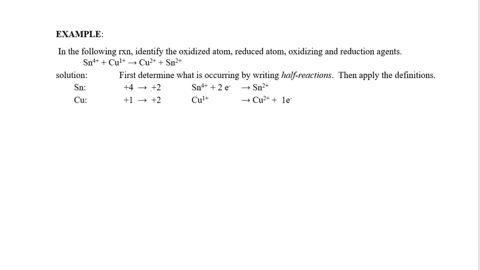If tin is going from plus 4 to plus 2, you need 2 negatives on this side to make them equal. We're adding negatives because electrons are negative. For a plus 1 to a plus 2, well, which side can you add negatives to? This side has to have a negative added to it. And that's why we end up with these half reactions there. Okay?